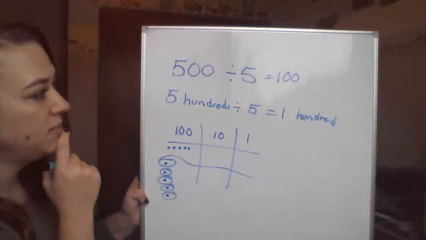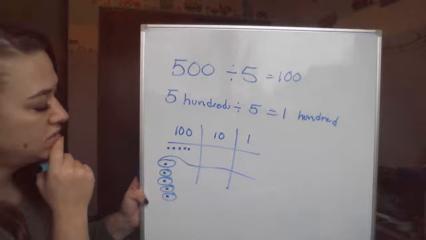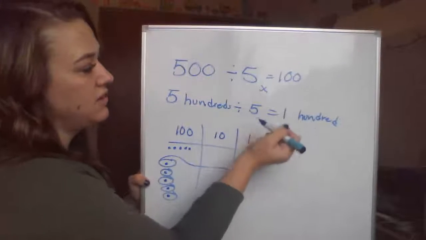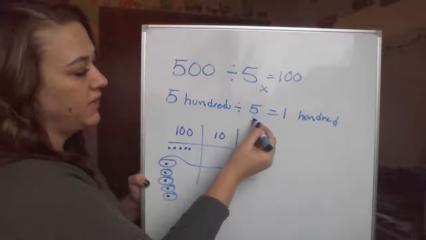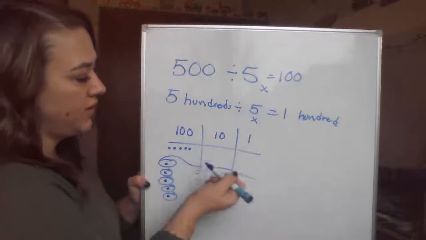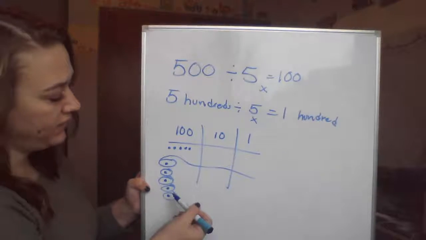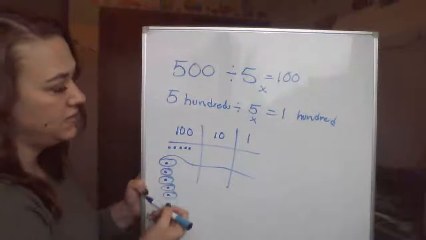So 500 divided by 5 is 100. And if you think about this, 5 times 100 is 500. If I multiply that by 5, it gives me that 500.